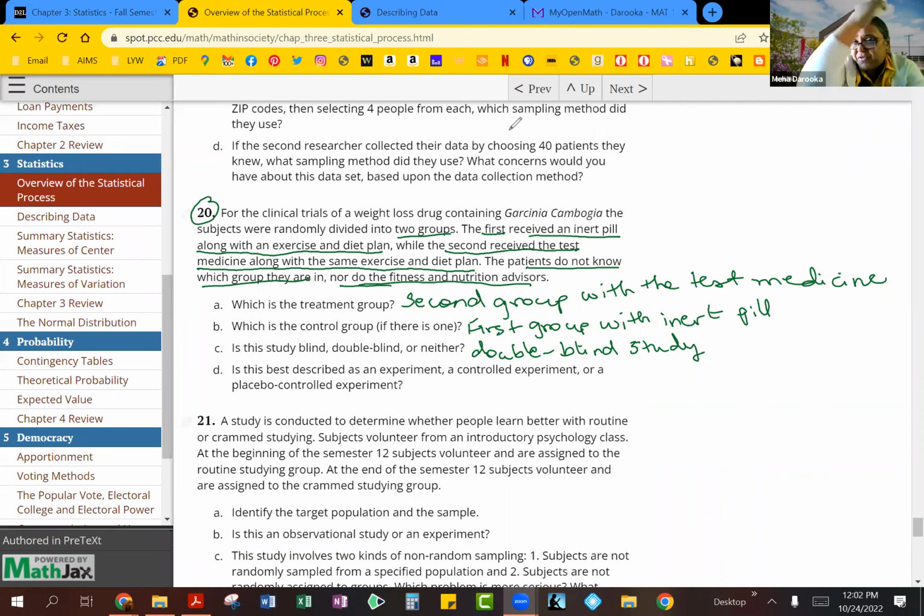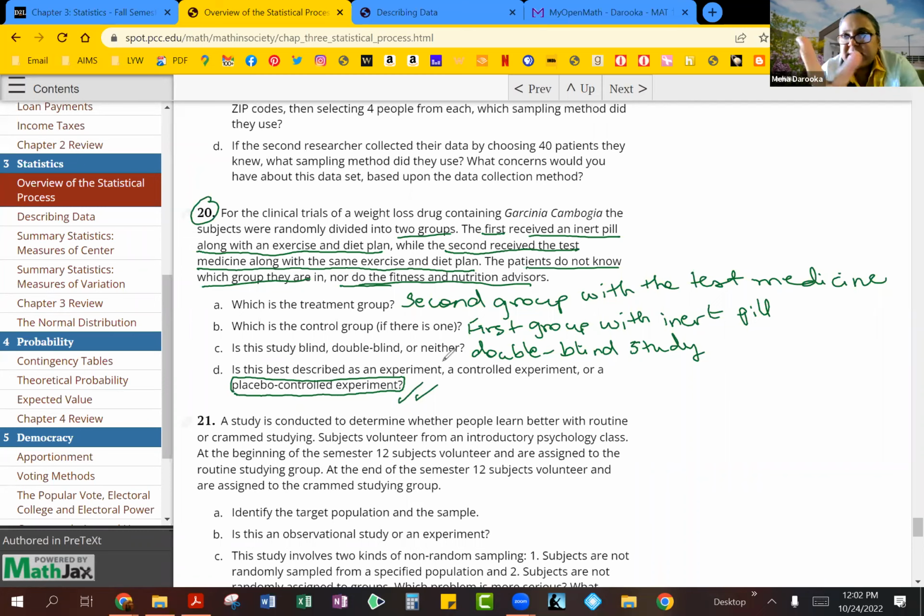So guys, since that first group is receiving an inert pill, inert basically means it's not going to have any effect on the person. It's basically a sugar pill. So in that case, it makes it a placebo-controlled experiment. So yeah, very nice. This will be a placebo-controlled experiment. Perfect.